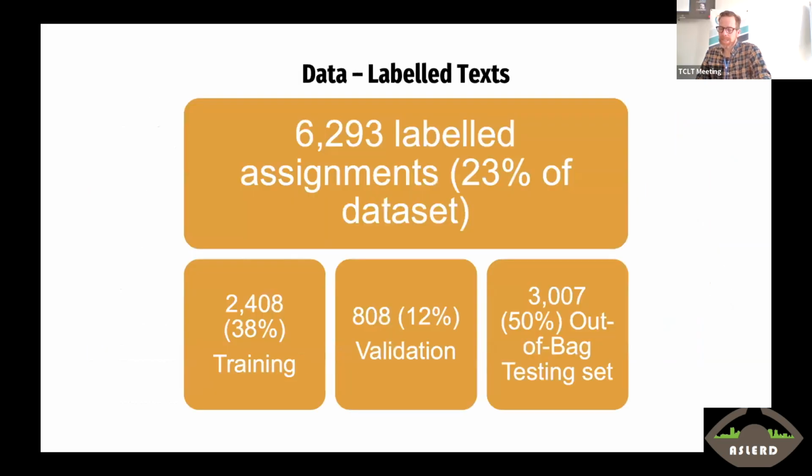So the data in a long nutshell is this: we got about 6,000 labeled assignments, which is about 23% of overall data. Remember, because we had about 28,000 texts. We used 2,500 of these in training.